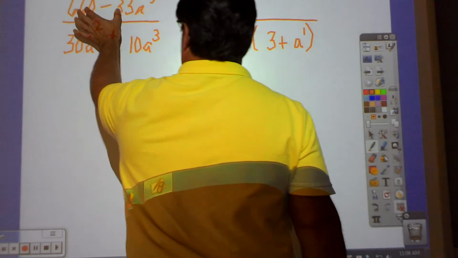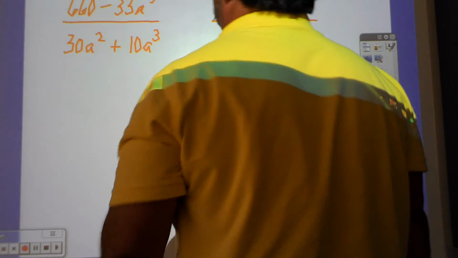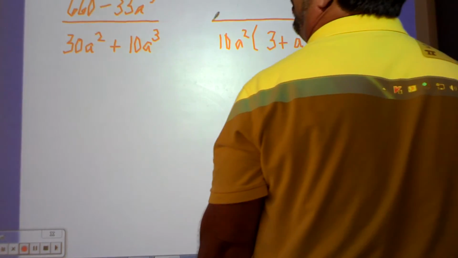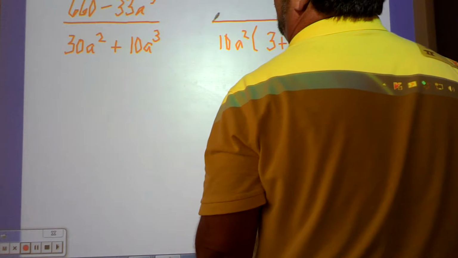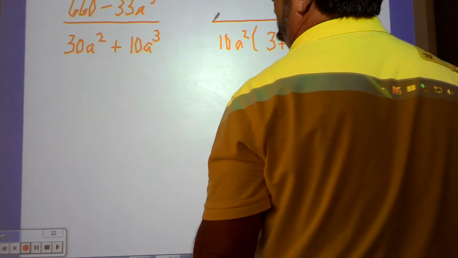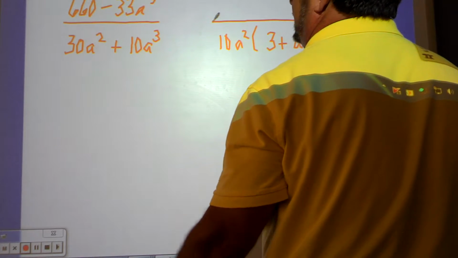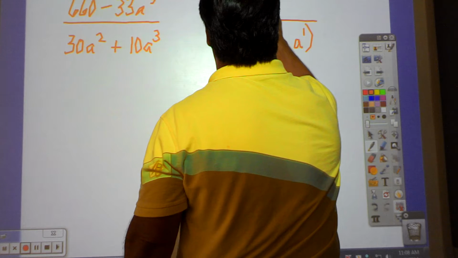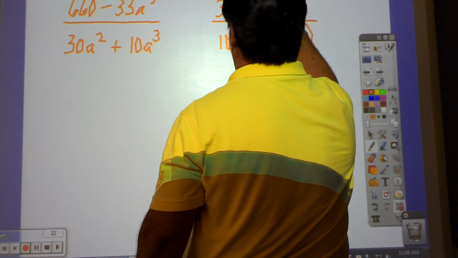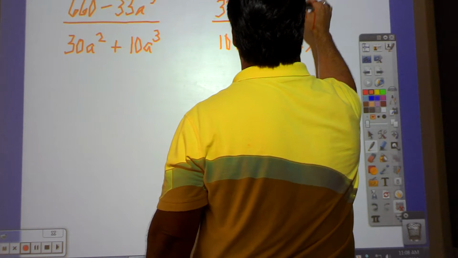Up here, I think we could probably take out a 33, can't we? 33 goes into it what, 20 times? I should have 33, and that'll be 20 minus what? A cubed?